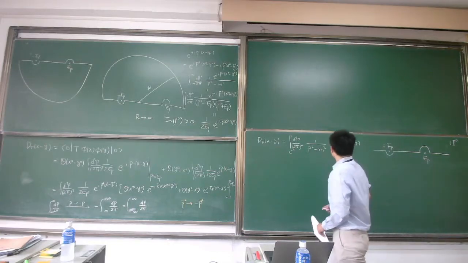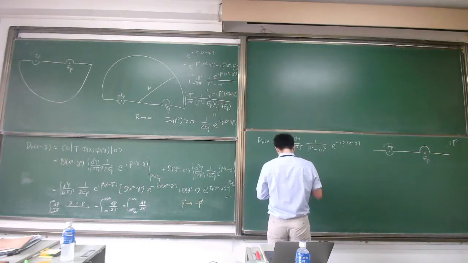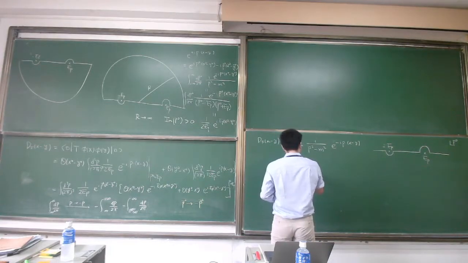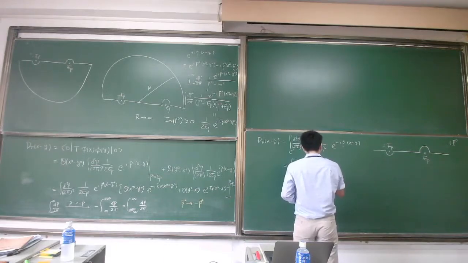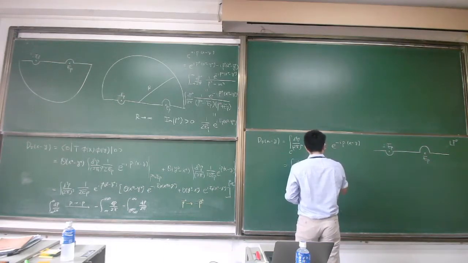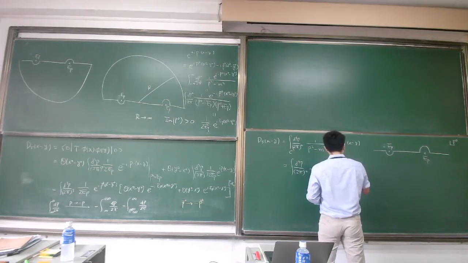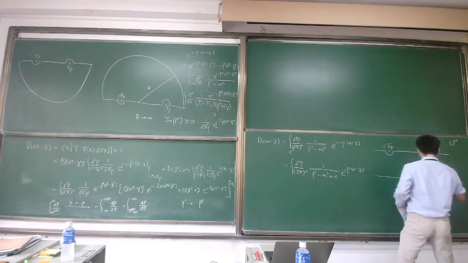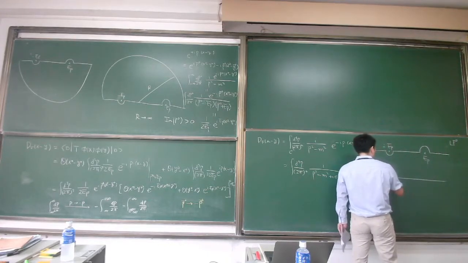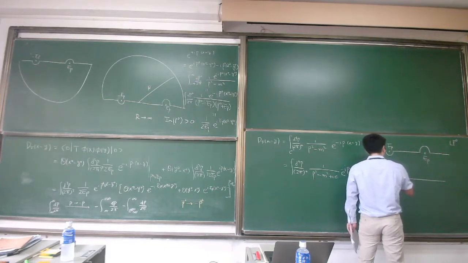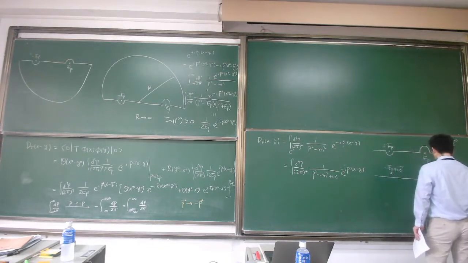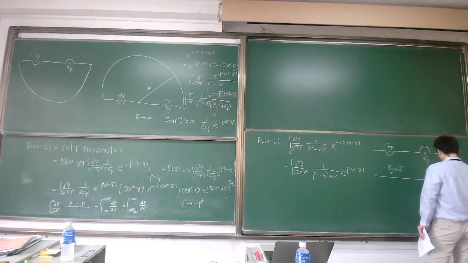And then, physicists write it this way. You just push the position of the pole a little bit, like this.